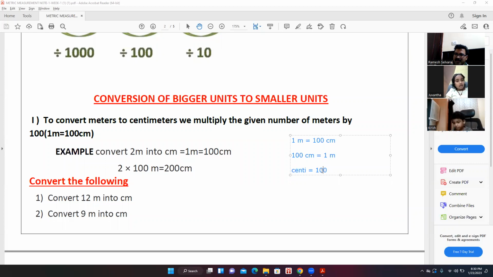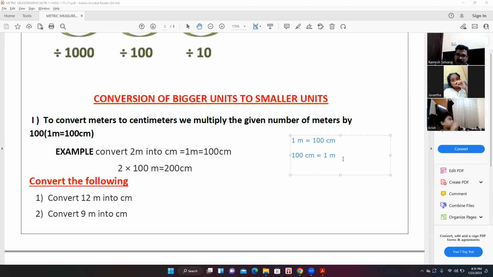Do you get me? So you can easily remember it. If someone is asking what do you mean by centi, then you can say that centi means 100. So centimeter is short for centi. 100 centimeter is 1 meter.